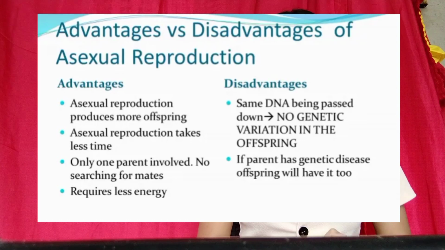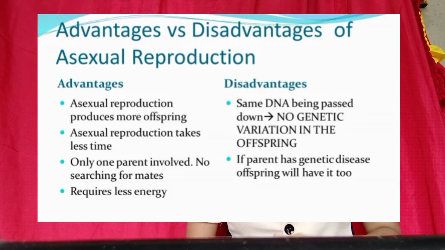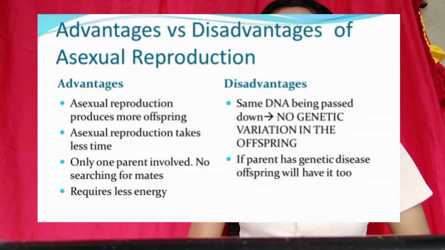What are the advantages and disadvantages of asexual reproduction? One of the advantages is that it produces more offsprings. Also, asexual reproduction takes less time and requires less energy. And it only requires one parent, so no searching for mates.